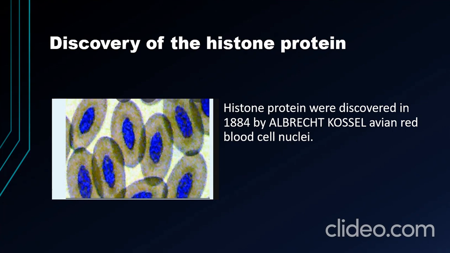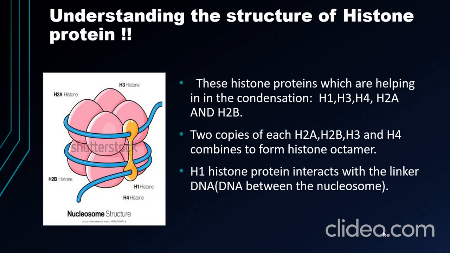Now, to understand how it binds with the DNA, we need to first understand the structure of the histone protein. The proteins H1, H3, H4, H2A, and H2B are the histone proteins responsible for the condensation, or we'll say help in binding of the DNA.